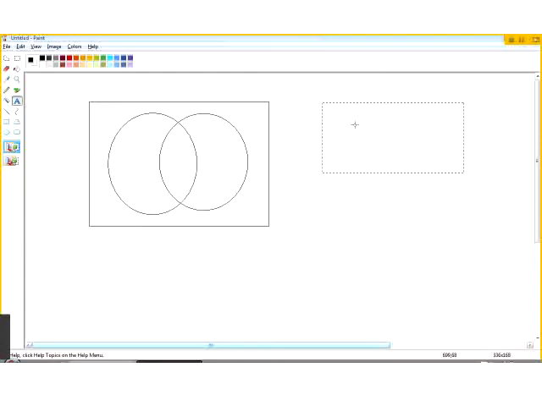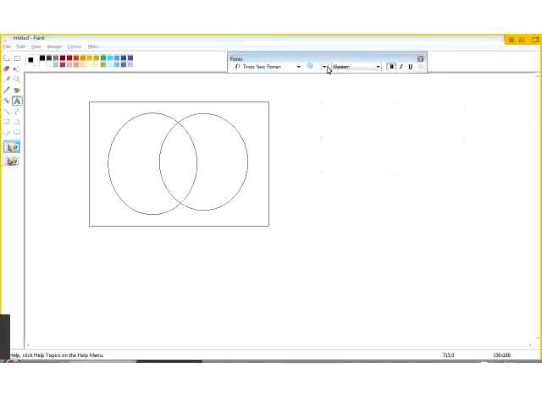Our universal set contains the numbers 1, 2, 3, 4, 5, 6, 7, 8, 9, and 10.